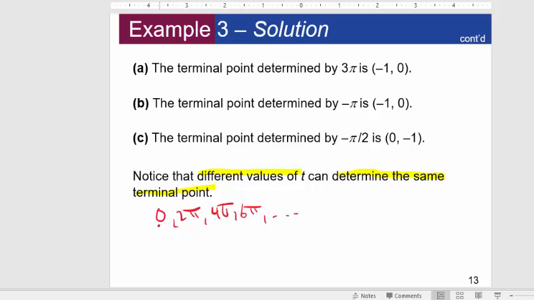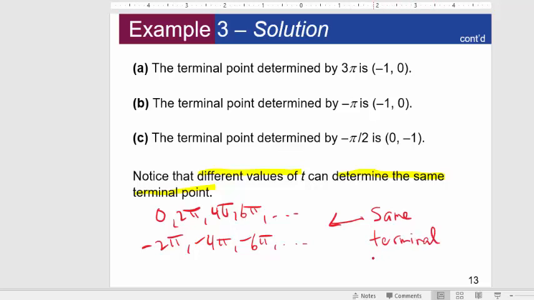And they're all also coterminal with negative 2 pi, negative 4 pi, negative 6 pi, and so on. They all have the same terminal point, which in this case is 1, 0.